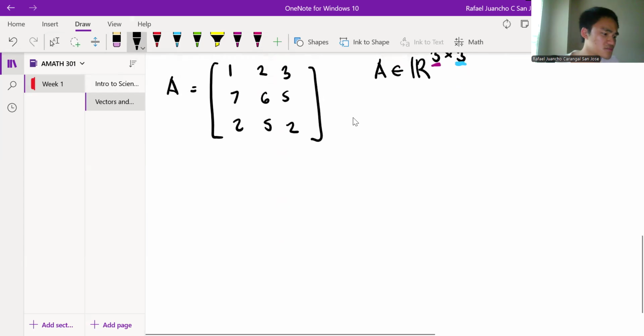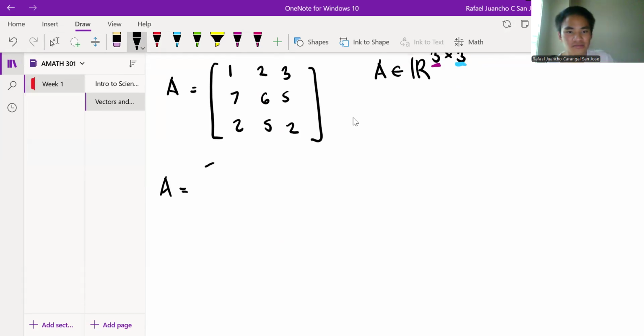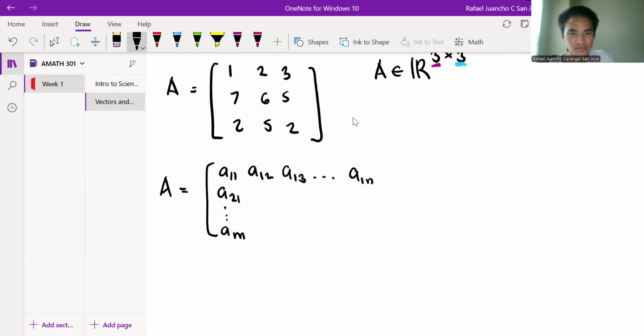Now, what if we make it general? Let's make it general. And so the way to make this general is we go from, let's do A again, A11, A12, A13, all the way to A1n. Okay, and then this is A21, and then we go down. This is A-N, A-M.